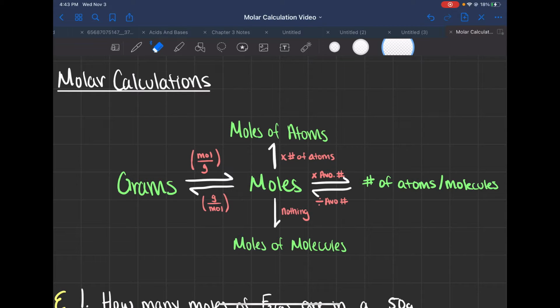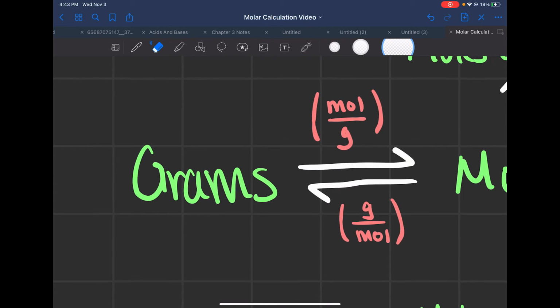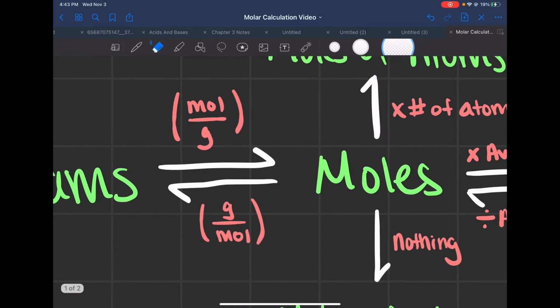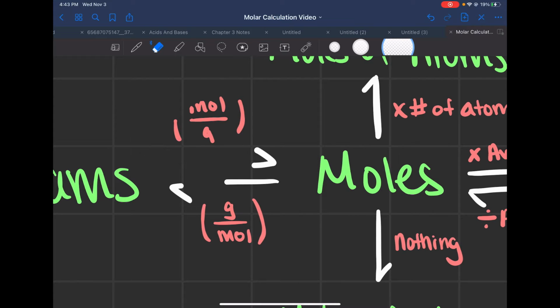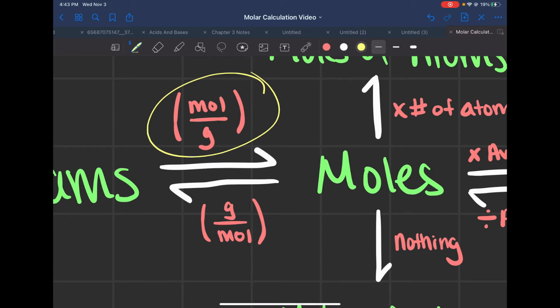Okay, so let's first take a quick look at these calculation conversion charts, or this flow diagram that I have. If we start off with grams here, then the way that we get to moles is we multiply by moles over grams, or in our case, we're effectively dividing by the gram to mole ratio that we calculate.